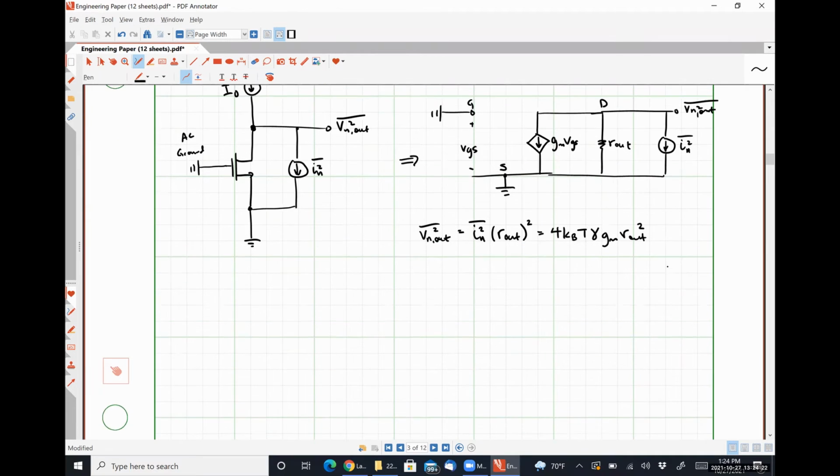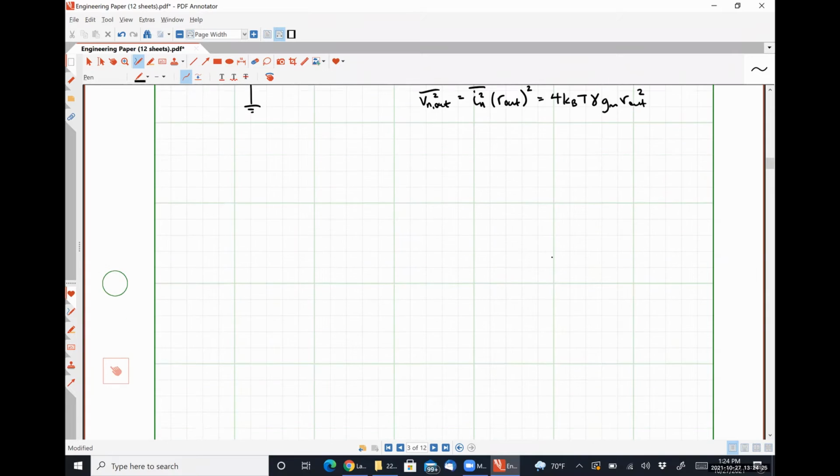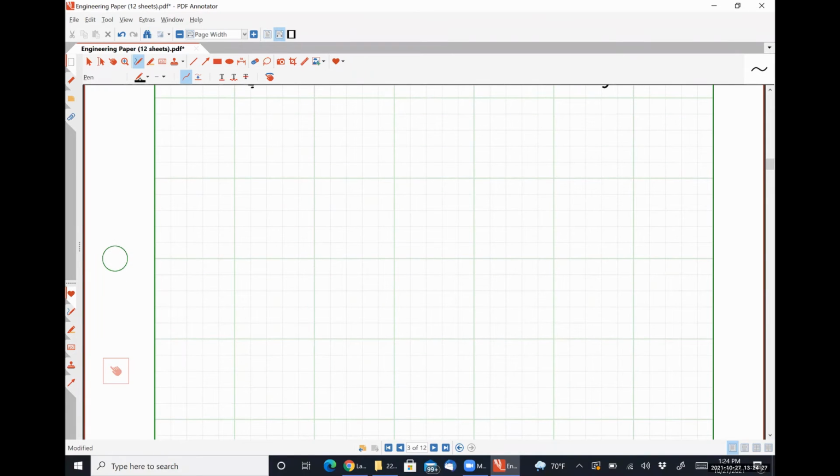So in addition to the channel noise, the ohmic sections of a MOSFET also contribute some noise. So I'm going to draw a drawing here real quick just to hopefully illustrate what I'm talking about. So here's our polysilicon region, with a contact right here in the middle. And then we have an active region up here and an active region down here.